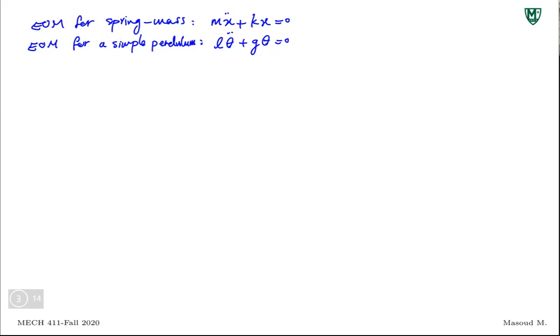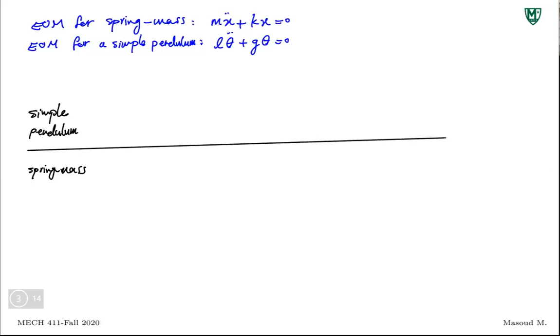So let me write everything here. Let me do it this way. Let's go with simple pendulum, and spring mass. Let me see if I can do it in an organized way.